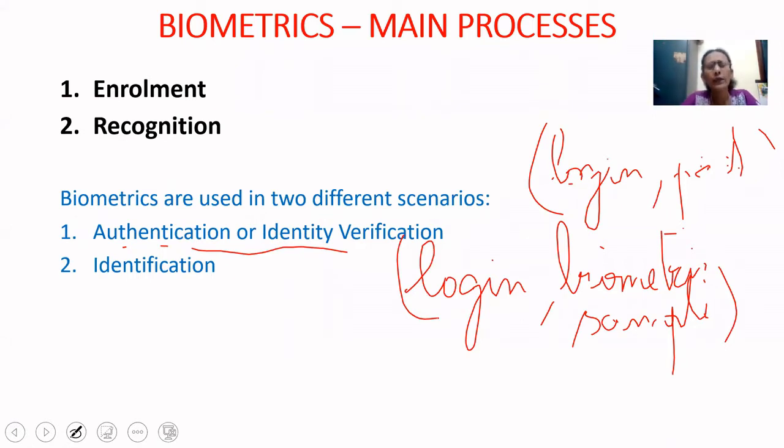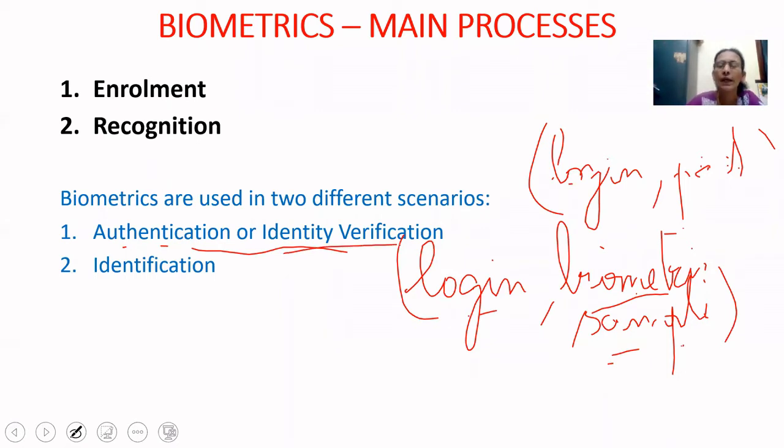Whenever a person wants to log in, he gives his login ID and then his biometric sample is taken. A template of this biometric sample is created and checked against the biometric sample stored for this particular login ID. If it matches, then the person is allowed to log in. Otherwise, it is a non-match and he is not allowed to log in.